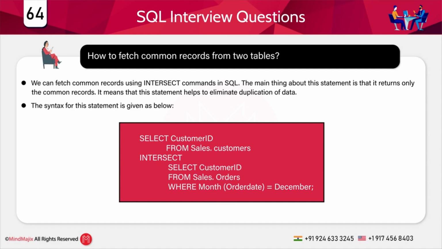Here you mention another query: select customer ID from sales.orders where month of order date equals December. So in this query, we are selecting the customer IDs from the orders of a particular month, December. Using this query, we will fetch common records from 2 tables, sales.customers and sales.orders.